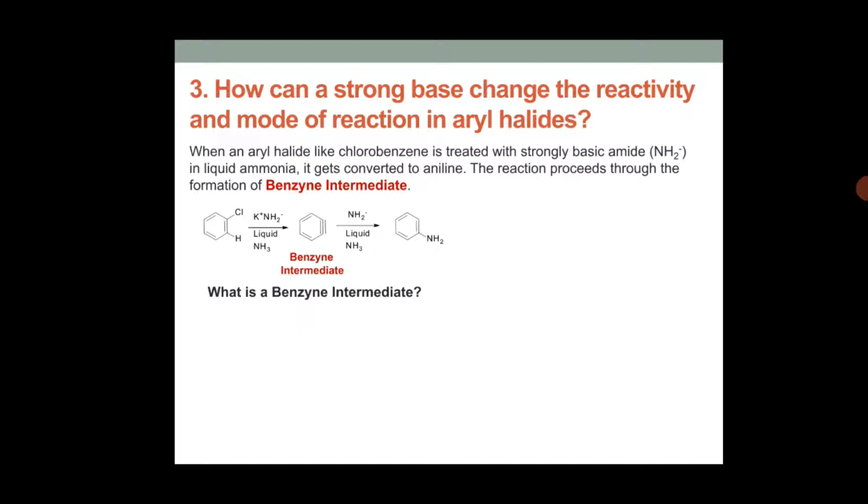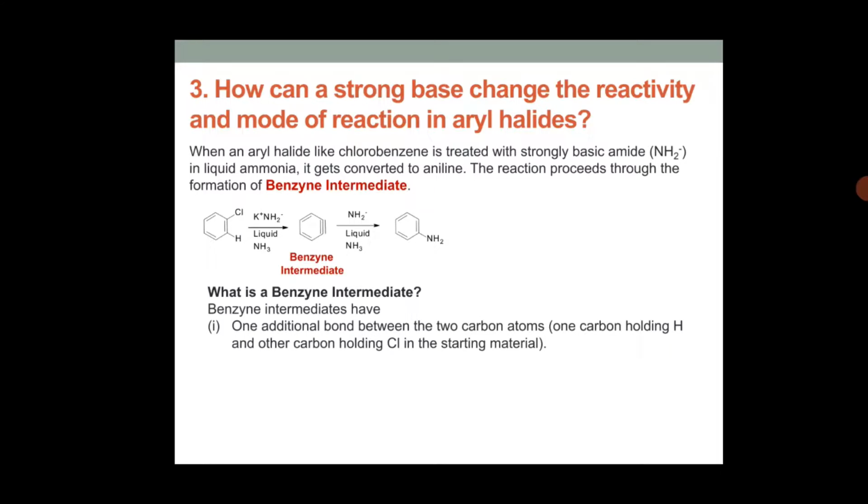But what is a benzyne intermediate? Benzyne intermediate has one additional bond, you can see here, between two carbon atoms. One carbon had the hydrogen and the other carbon held the Cl group in the starting material.